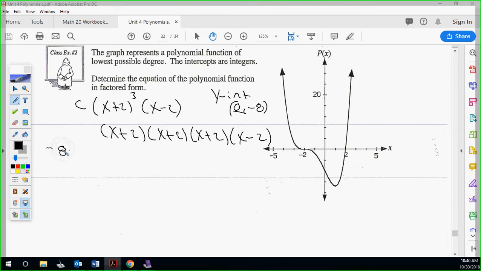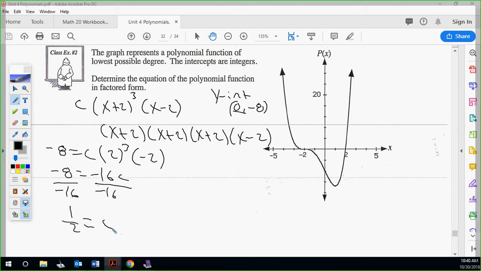So -8 equals c times 0 plus 2 cubed, so 2 cubed, and 0 minus 2. Sorry, 0 minus 2, thank you. That would have been a bad mess up. So that's 8 times negative 2, so negative 16. Negative 8 equals negative 16c. Divide, divide. You can see we get the 1/2. So 1/2 is c. So your complete equation for this would be y equals 1/2 times x plus 2 cubed times x minus 2.